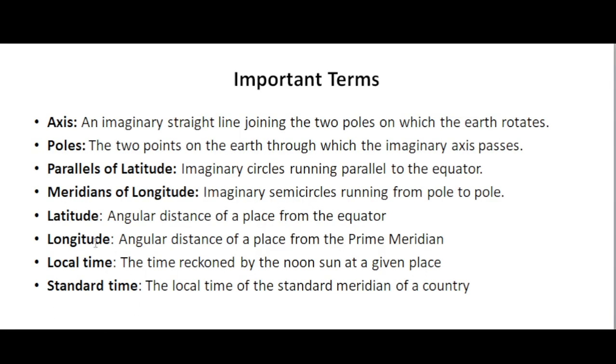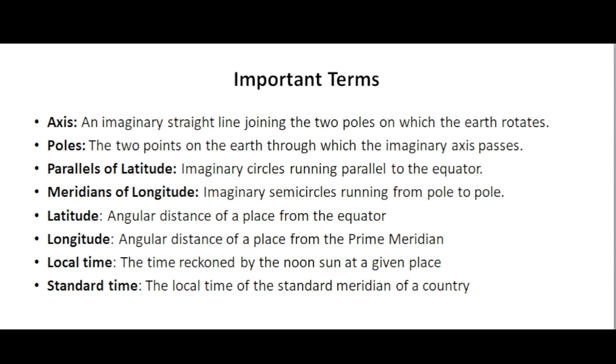So these are the important terms we have to understand from this chapter. Axis is an imaginary straight line joining the two poles on which the earth rotates. Poles are the 2 points on the earth through which the imaginary axis passes. Parallels of latitude are imaginary circles running parallel to the equator.